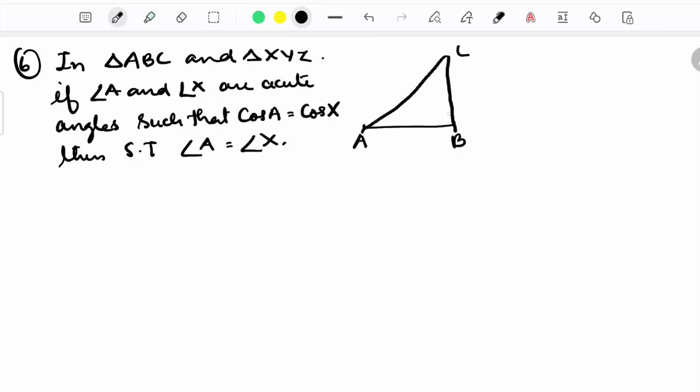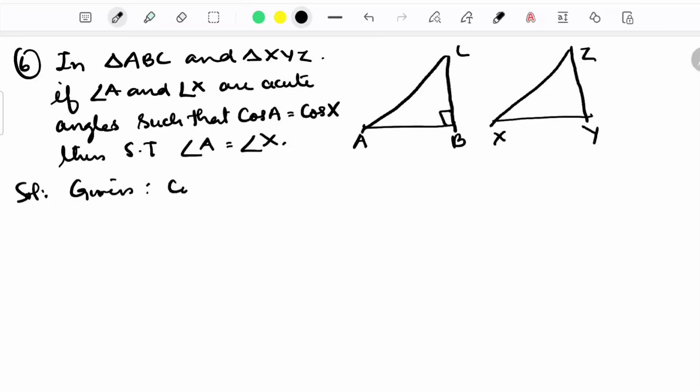B, C, and this is X, Y and Z. Now given cos A is equal to cos X. So according to A, it is adjacent over hypotenuse.